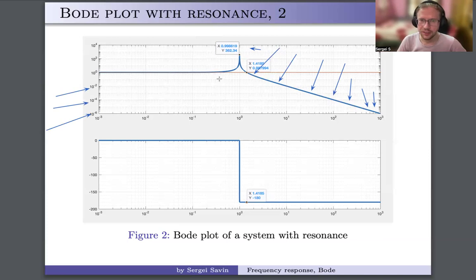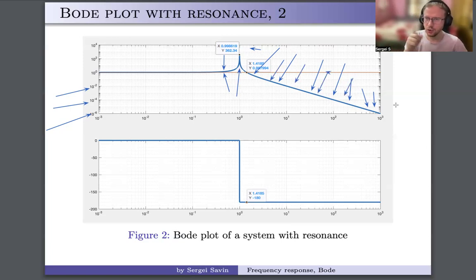So you can reasonably say that after a certain frequency here, the system is not suitable for work. You cannot work with this system with frequencies higher than something here, because either you go into resonance or the amplification will go smaller and smaller. You won't be able to track.